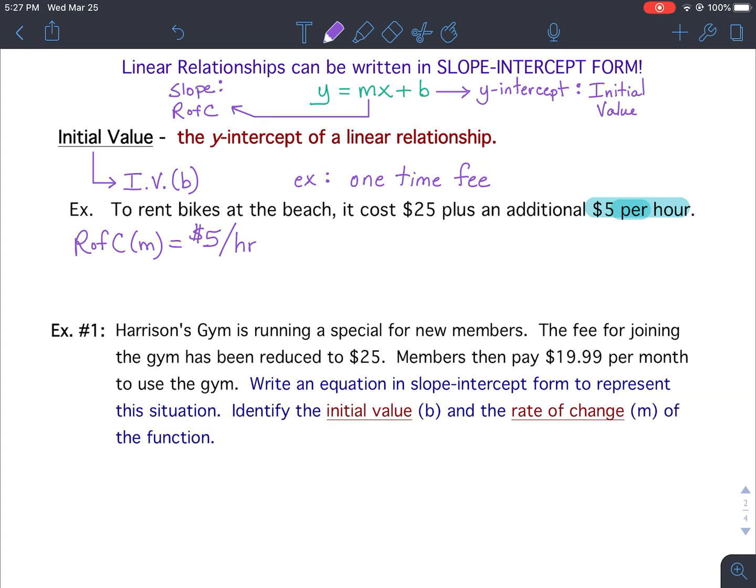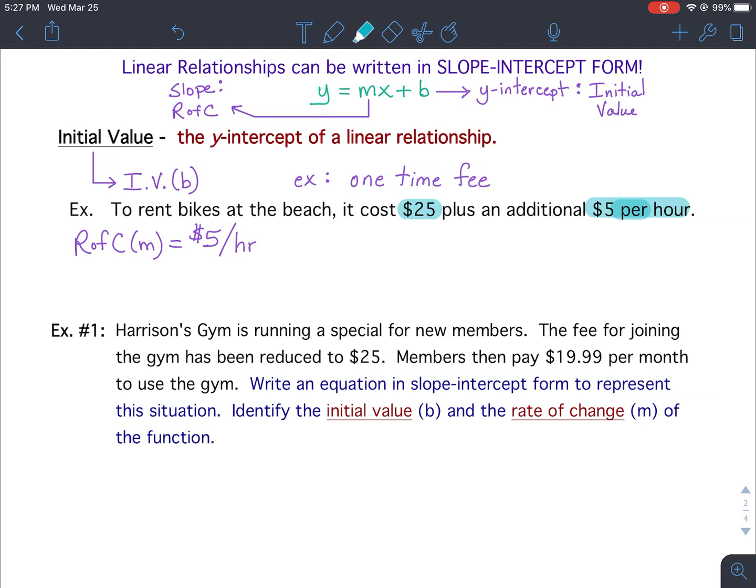So what they're saying is you go to the beach and you want to rent bikes. Well, it depends on how long you rent the bikes, the amount that you have to pay. But no matter how long you rent them for, whether you rent them for 1 hour or you rent them for 5 hours, you're going to pay $25. That $25, that's that one-time fee. So you pay $25 no matter what, and then for 1 hour you'll pay $5.